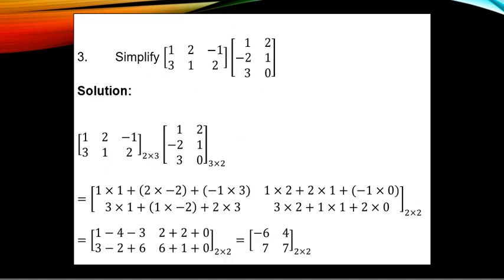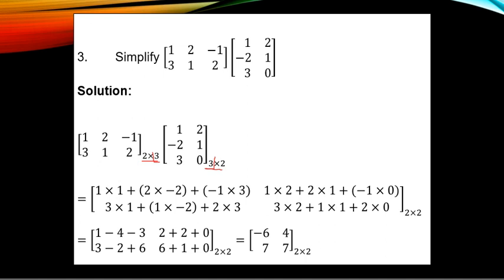Number 3, the same multiplication. So what I did first is to write out the dimension. This is 2 by 3, that is 2 rows, 3 columns, and this is 3 by 2, 3 rows, 2 columns. The number of columns in the first matrix is equal to the number of rows in the second matrix.